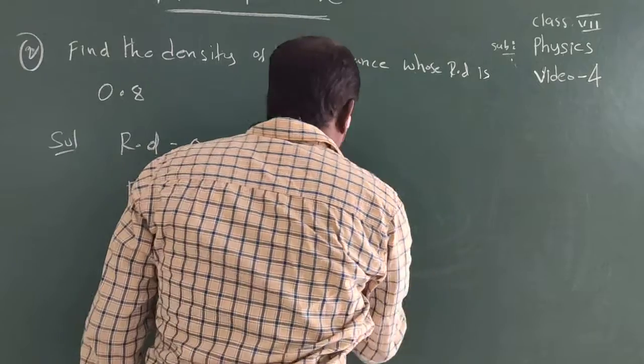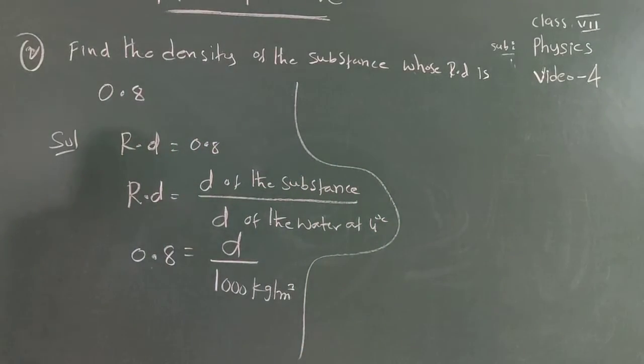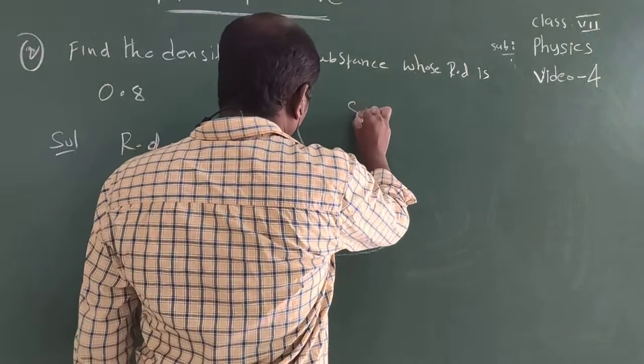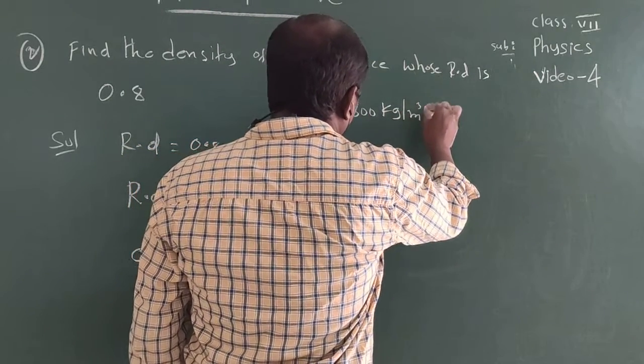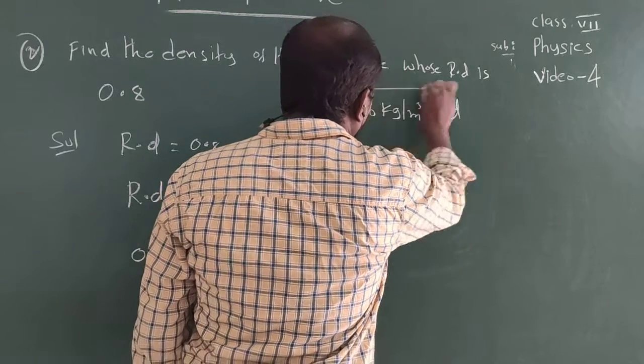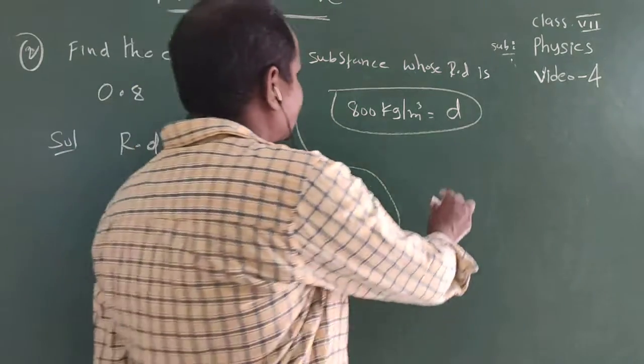Doing cross product, 1000 into 0.8 equals 800 kg per meter cube. Density of the substance equal to 800 kg per meter cube in SI system.